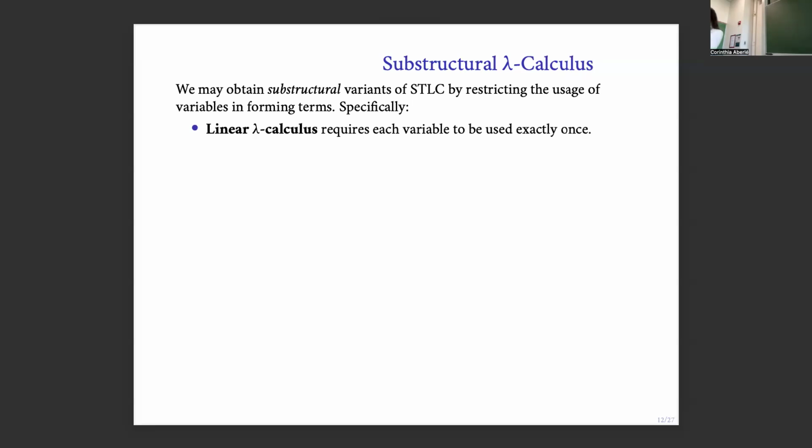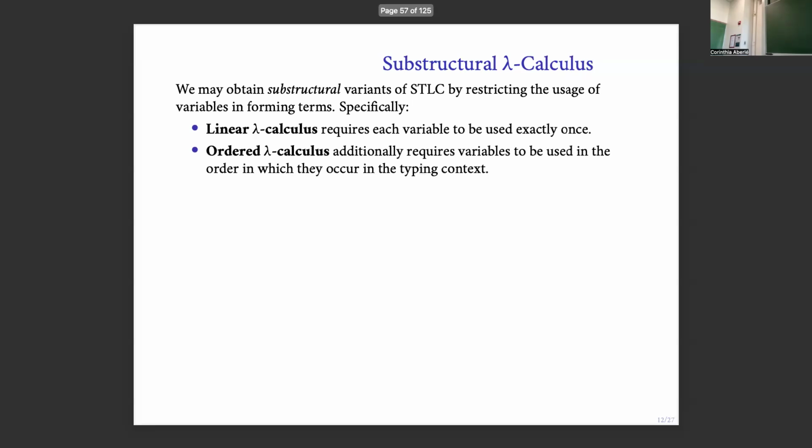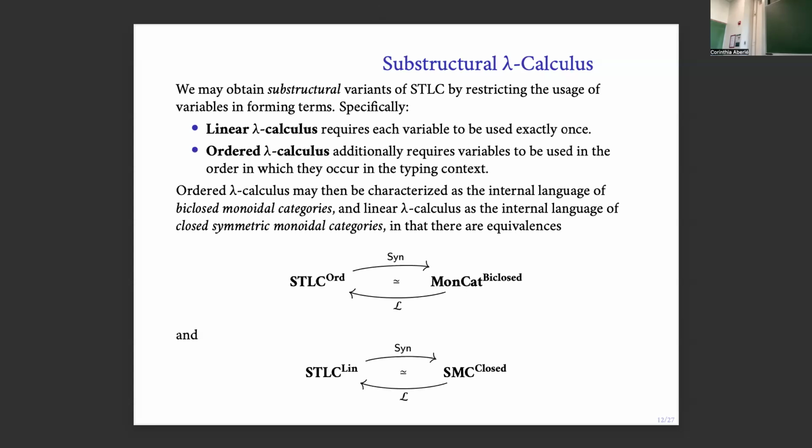You can't copy a variable and you can't throw it away either. Ordered lambda calculus is even more restrictive than that. It additionally requires that variables have to be used in the order in which they occur in the context. So if your context is represented as a list, you have to use the variables in the same order they appear in the context. Ordered lambda calculus can be characterized as the internal language of biclosed monoidal categories, and linear lambda calculus is the internal language of closed symmetric monoidal categories.